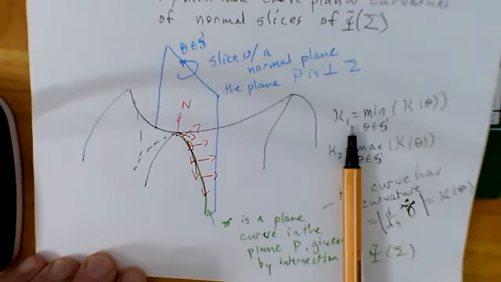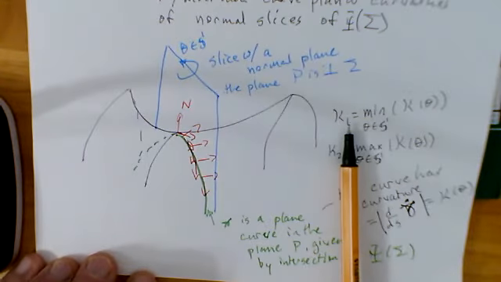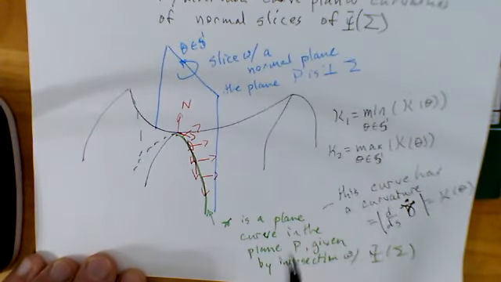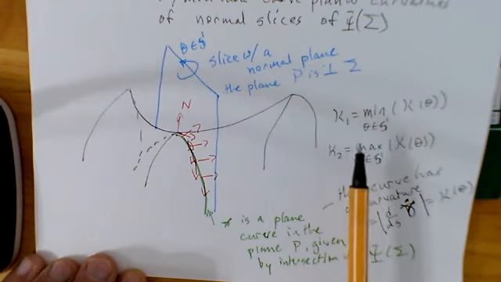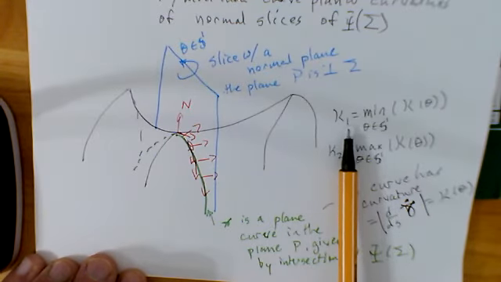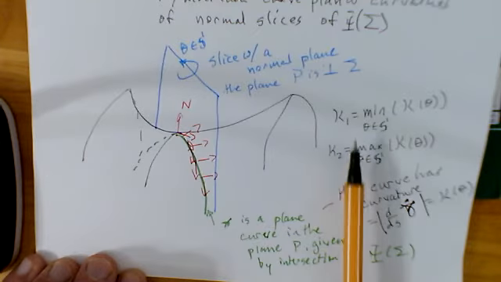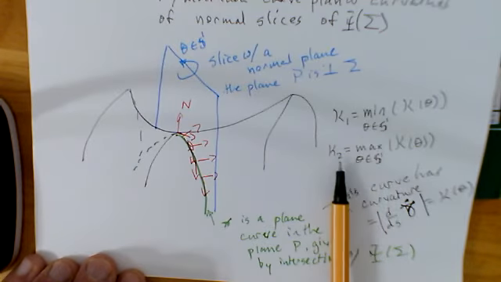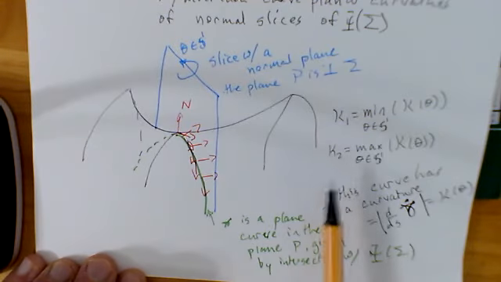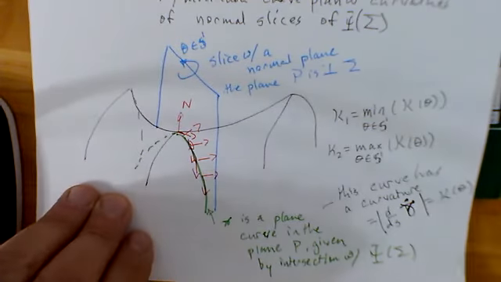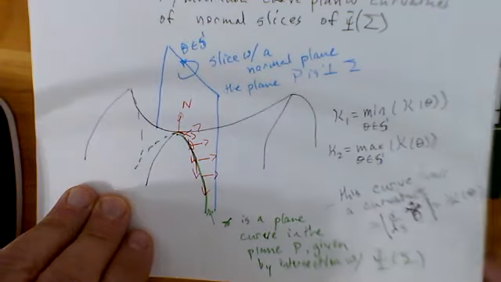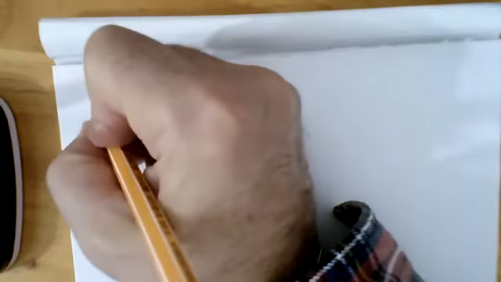And then the other observation is just that the eigenvalues are going to be correspondingly the minimum of that bilinear form over all these directions and the maximum. And that's really the minimax characterization of eigenvalues.